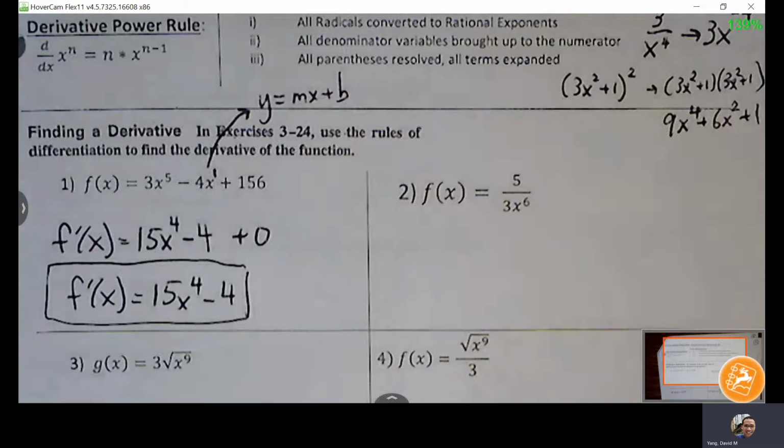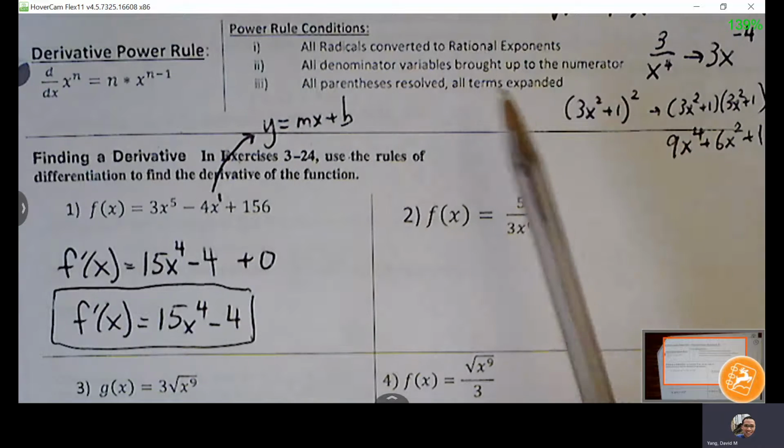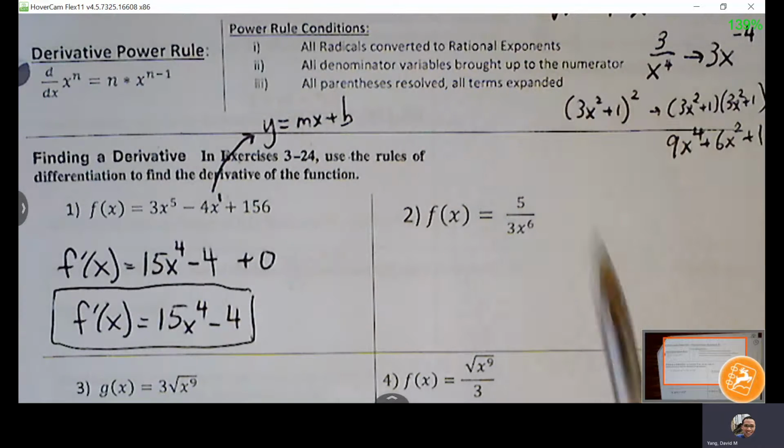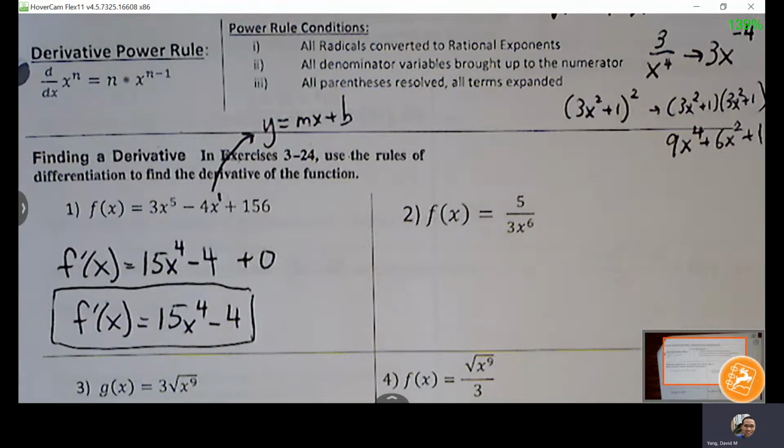Okay, number 2. So we have to look at our conditions. What's the condition that we have to worry about for number 2? What's out of place?